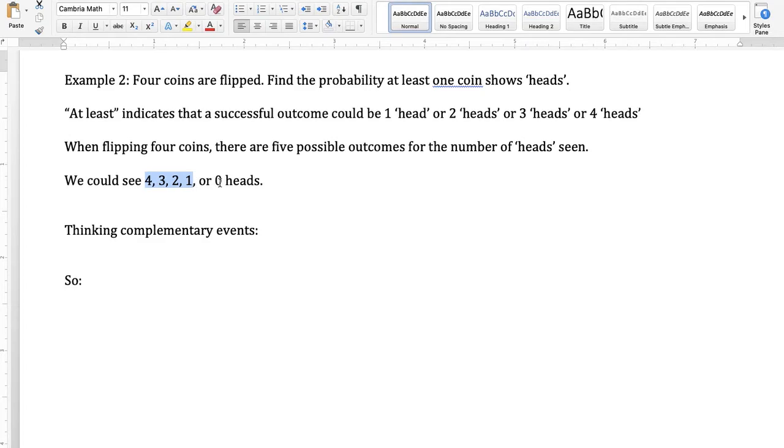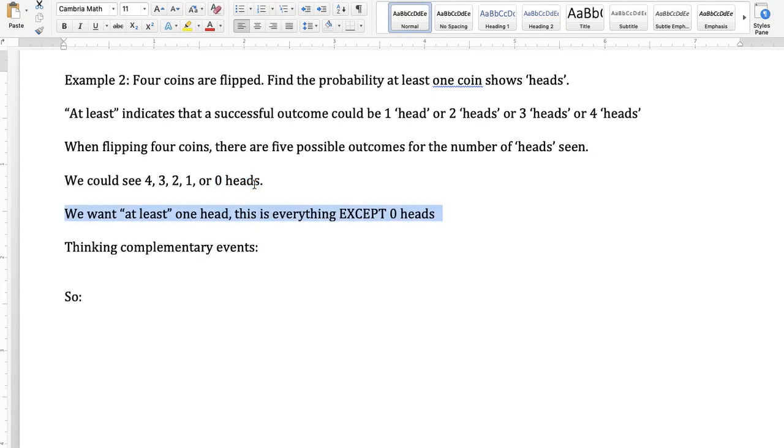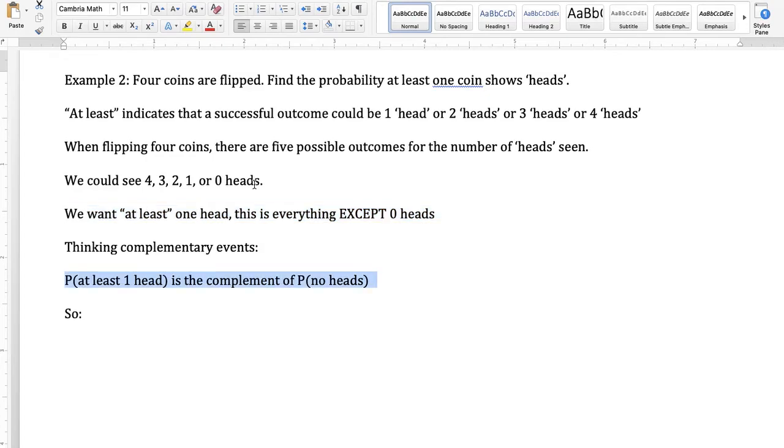We want everything except for 0 heads. So this idea of at least is everything except for no heads. Thinking we want some number of heads to show up, something is the opposite of nothing there. So the probability of at least 1 head is the complement of the probability of no heads.